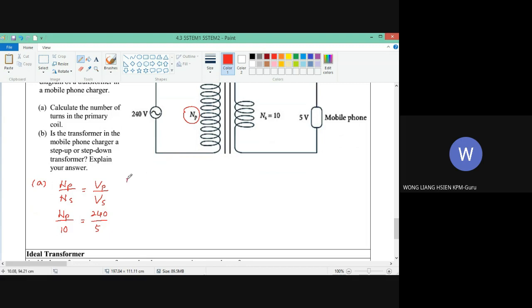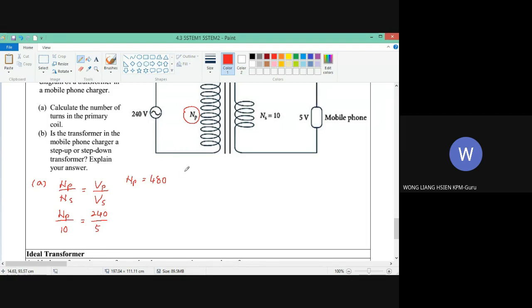So number of turns in primary coil is 480 turns. Because it is a number of turns, there is no unit. You do not have to write 480 turns or 480 coil.